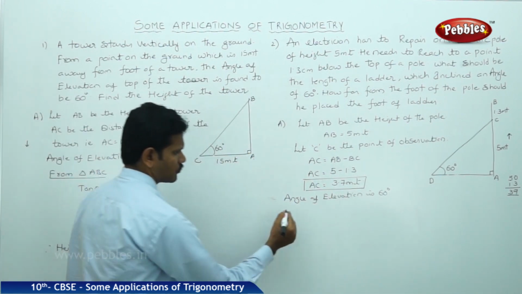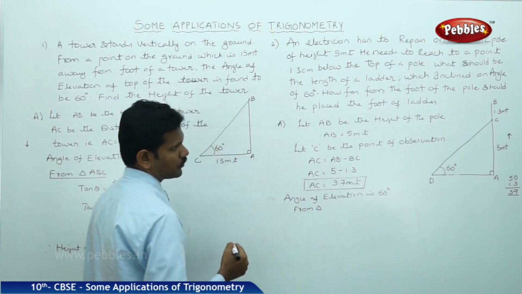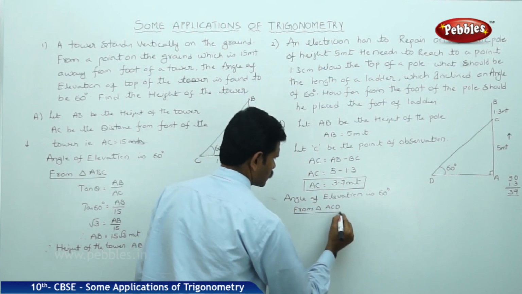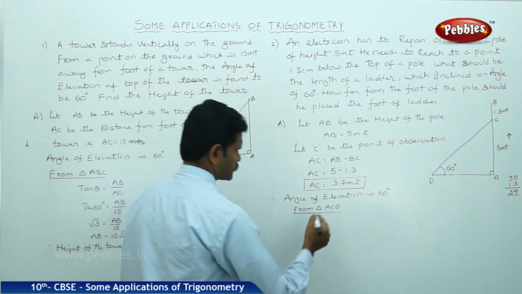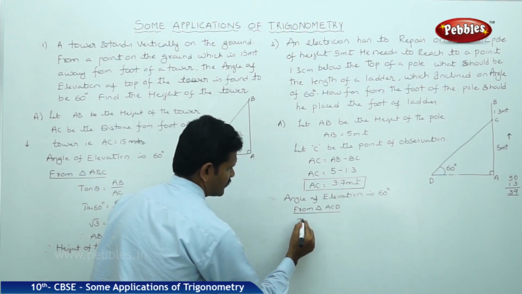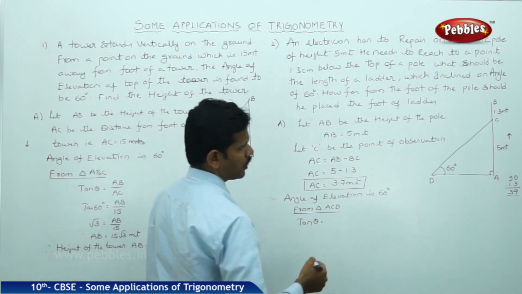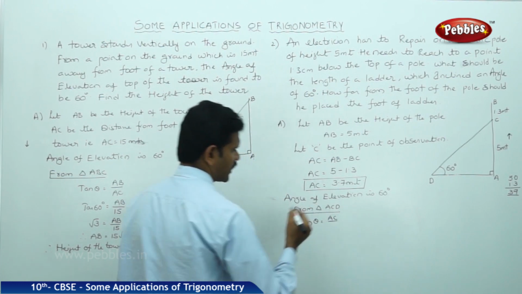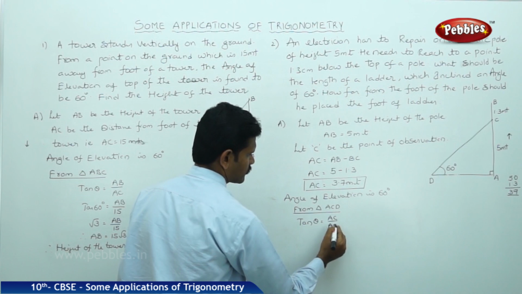That is, from triangle ACD, tan theta is equal to opposite side AC by adjacent side AD.